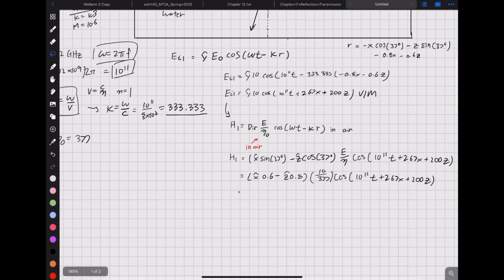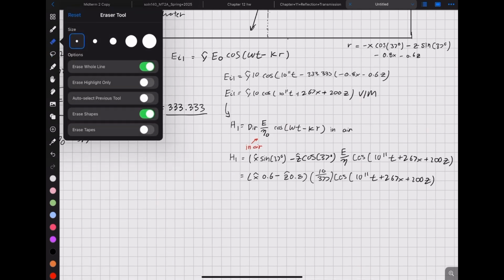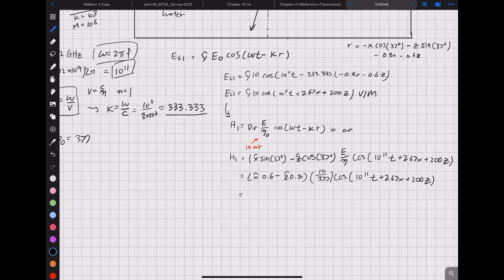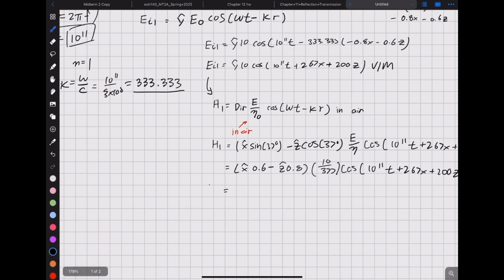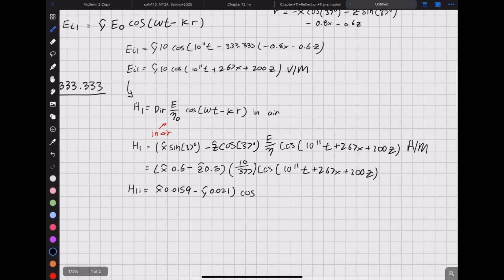Crunching the numbers, H1 of I, the incident, is going to be x hat 0.0159 minus z hat 0.021 cosine of that. It's going to be amps per meter.